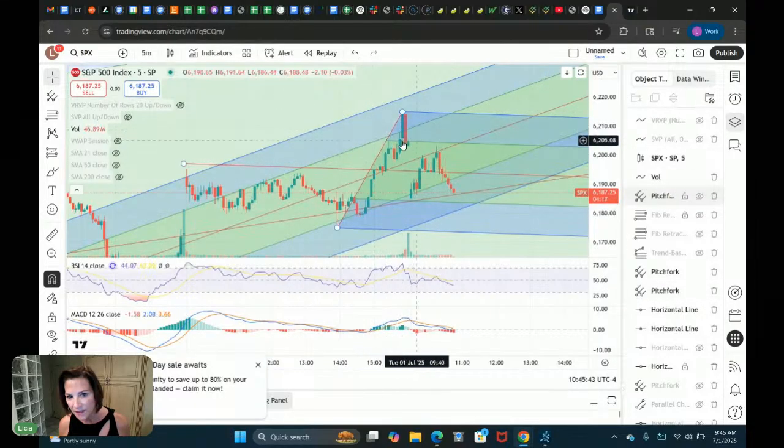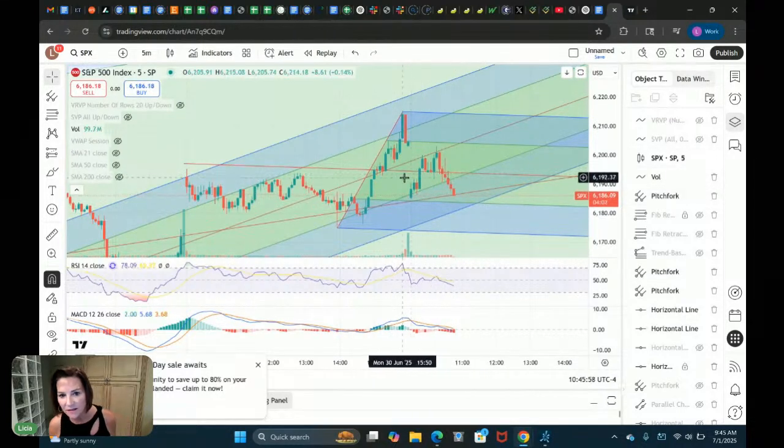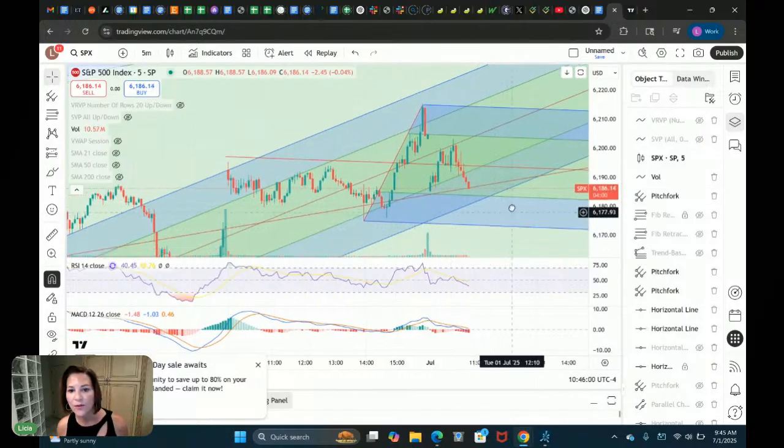Stop there. Close below, retested it. Stopped it there. Stopped it there. See how more than one pitchfork can work? Stopped it on its median line right there. Looks like we're going lower, folks.